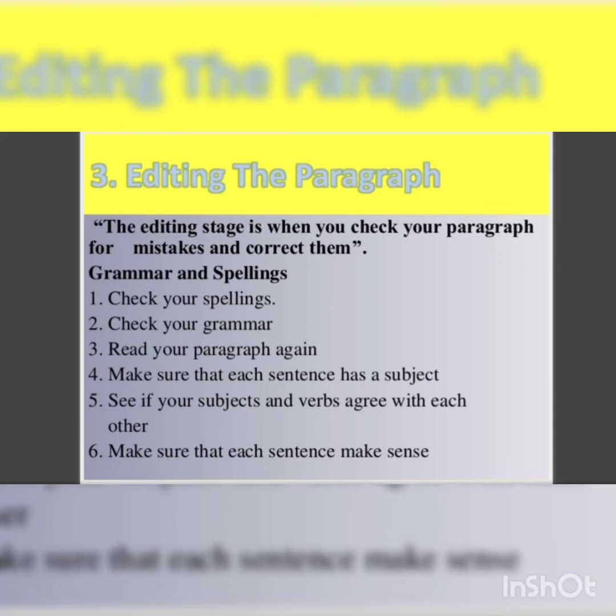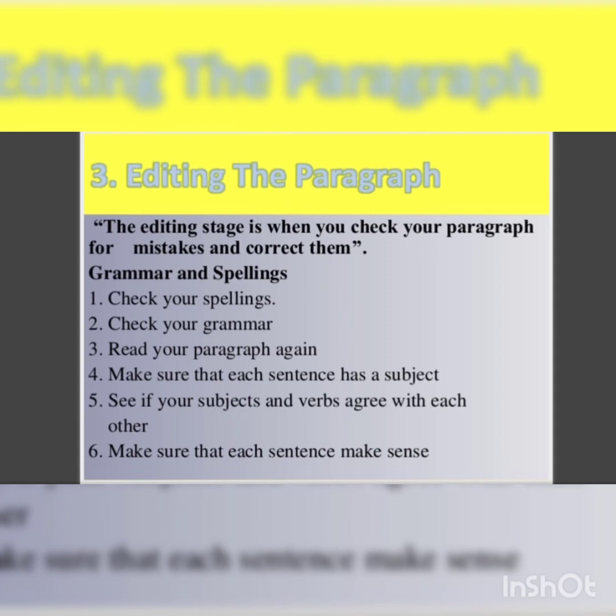Then the writer should read the paragraph once again. Okay, make sure that each sentence has a subject. It's very important. Please do not write sentences without a subject. See if your subjects and verbs agree with each other. Subject-verb concord, which we have done just very recently, so you can do that.